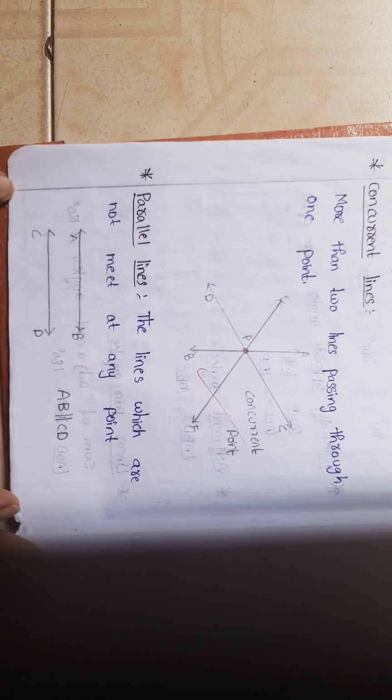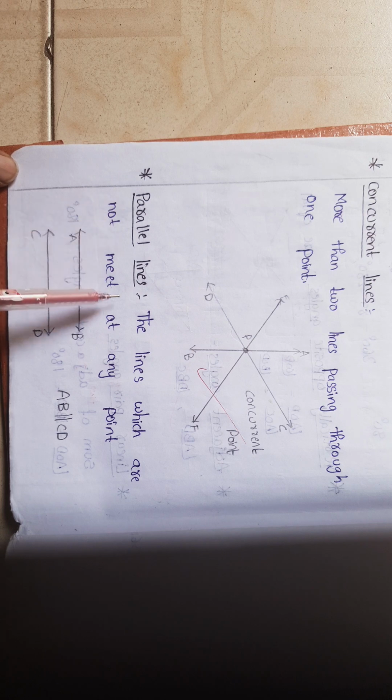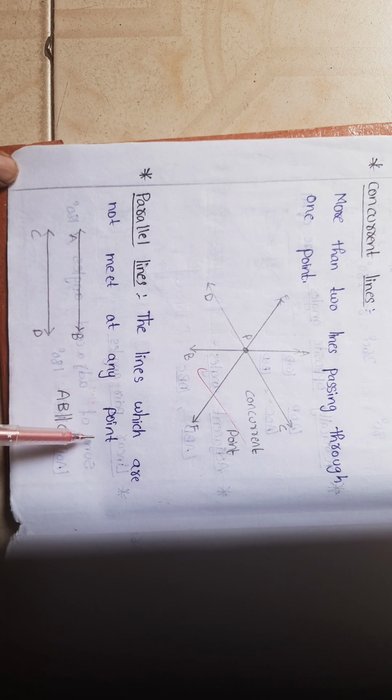Parallel lines, another concept. The lines which do not meet at any point are called parallel lines. You might have observed in daily life, rail tracks are parallel to each other.